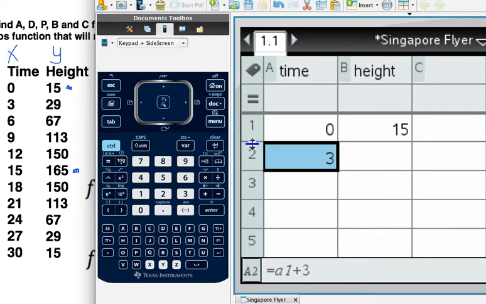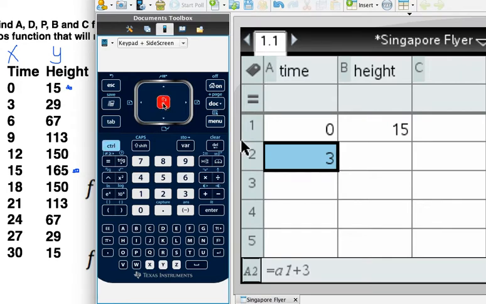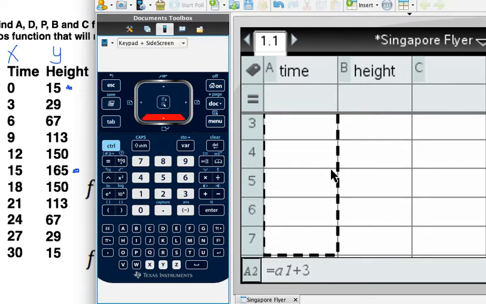And then we can copy this formula, pressing Control in the center of the mouse pad, and then we're going to scroll down, and let's see, we want 1, 2, 3, 4, 5, 6, 7, 8, 9.